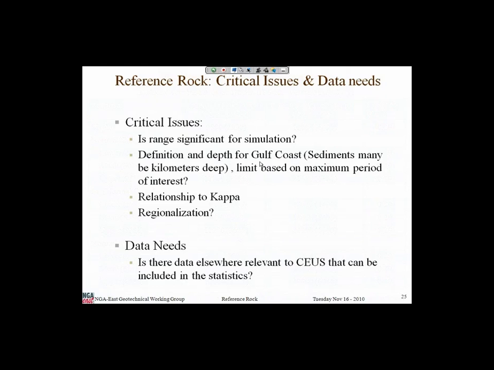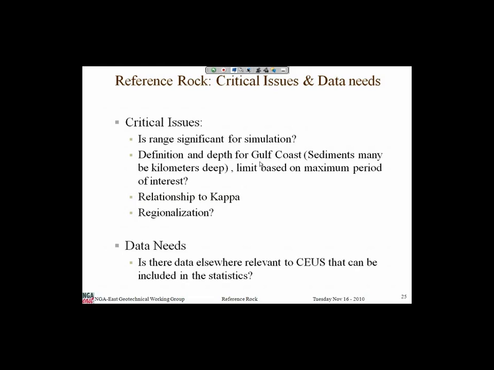In our group, we have limited the depth of the column that we will consider in our site response to the maximum period of interest. At that point, we will assume, even though it doesn't follow the geology, that this is where the reference rock is to do our site response and site amplifications.